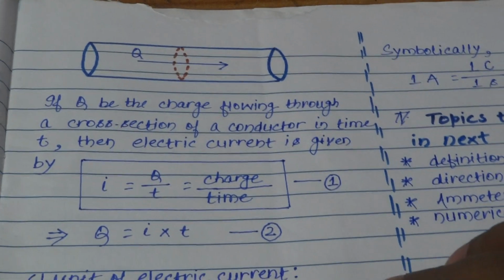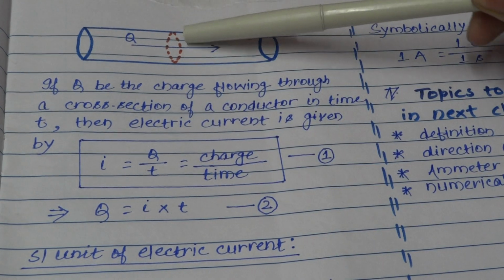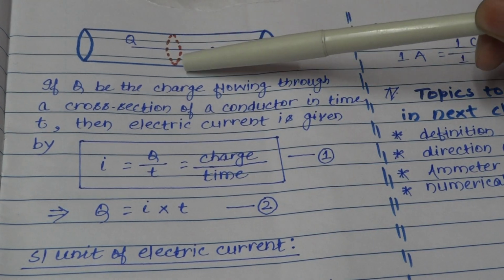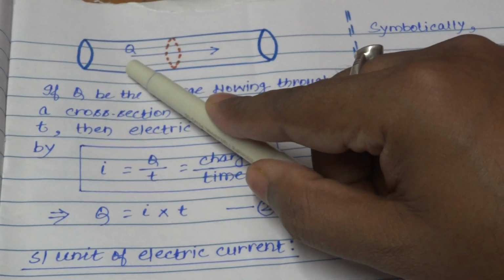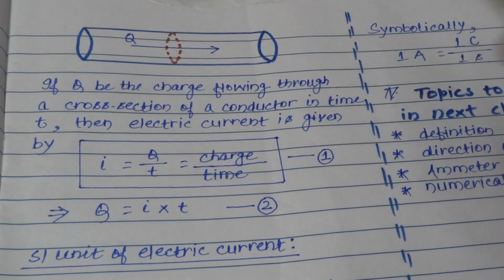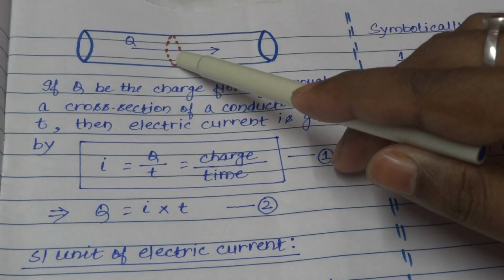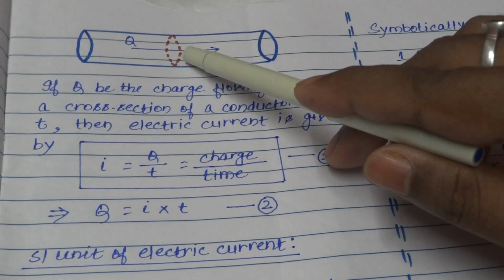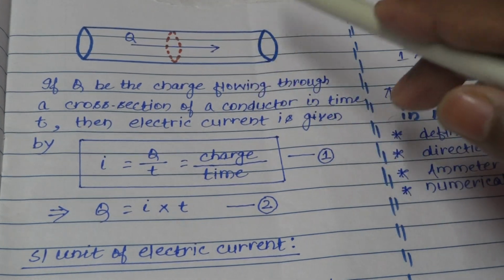Now, here we have a conductor and we have considered a cross section of a conductor through which charge Q flows. Q is used to denote charge flowing through the cross section of the conductor. Suppose Q charge flows in time t.